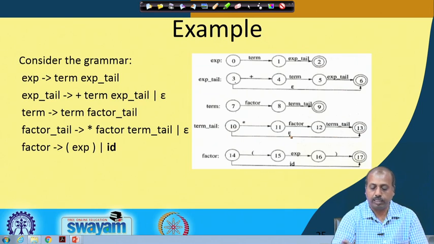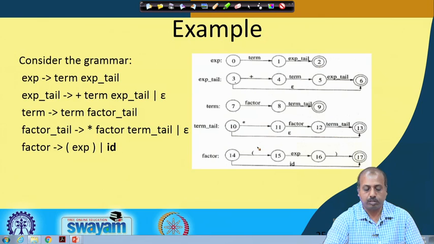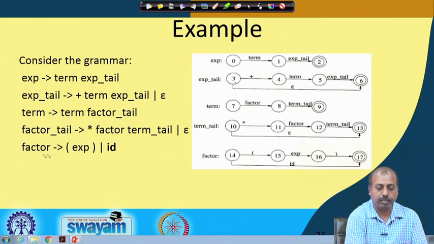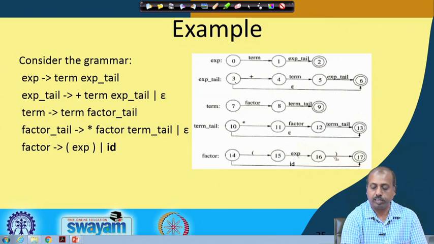So the factor tail produces star factor and factor tail. This way the whole expression is made, and factor produces within bracket expression, or ID. So with bracket start, expression, then bracket close, or this is ID.